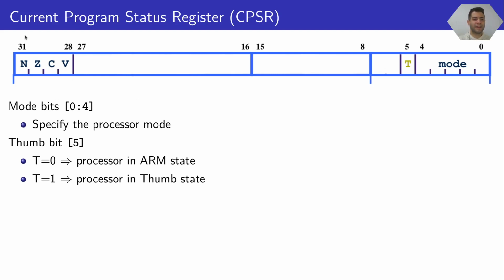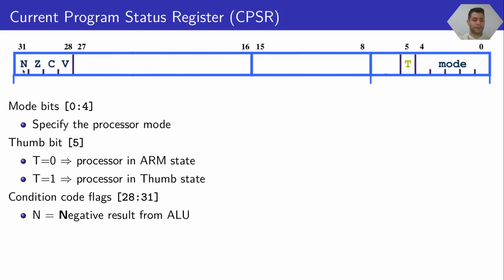And then here, the most significant bits are the flags. N stands for a negative result from the ALU. For example, you are subtracting two numbers and you get a negative result. Z stands for zero, for example, you were subtracting two numbers that were the same.